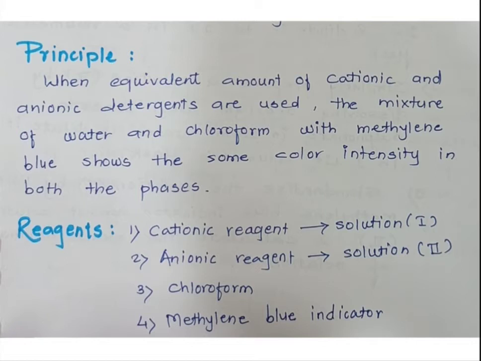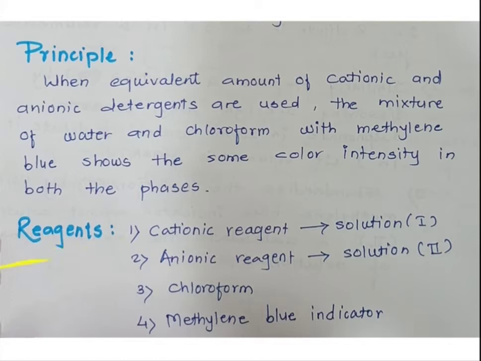The mixture of water and chloroform with methylene blue shows the same color intensity in both the phases, in the aqueous and in the non-aqueous, that is the organic layer. So water is the aqueous layer and chloroform is the non-aqueous layer.